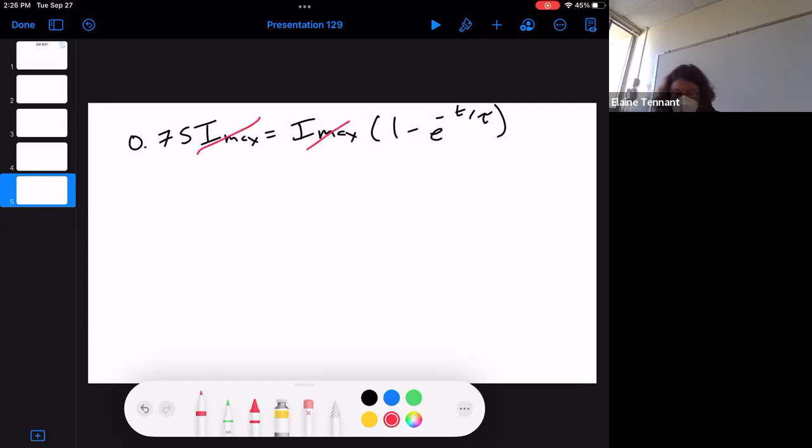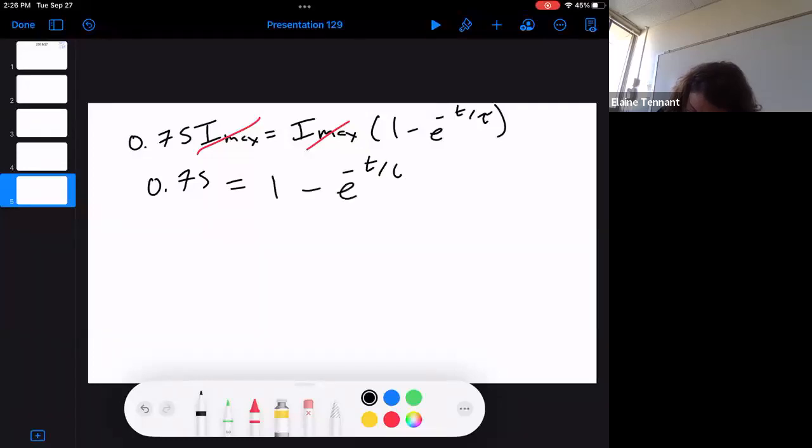Yeah, excellent. So we have 0.75 equals 1 minus e to the negative t over tau. So I'll move this to one side. And what is 1 minus 0.75? 0.25, excellent.